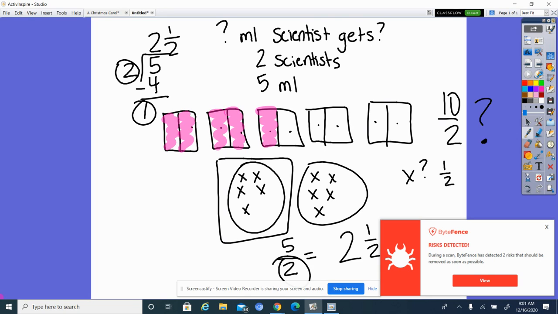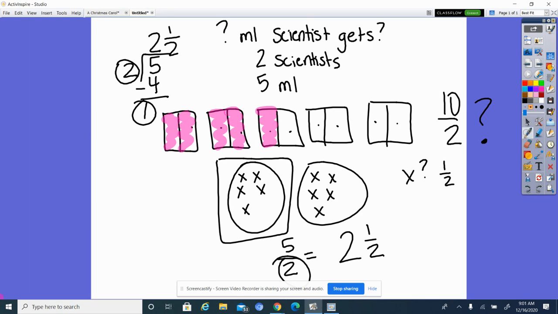Okay? Now, how else could I have just seen that rather than just done a model? 5 divided by 2. Yeah.